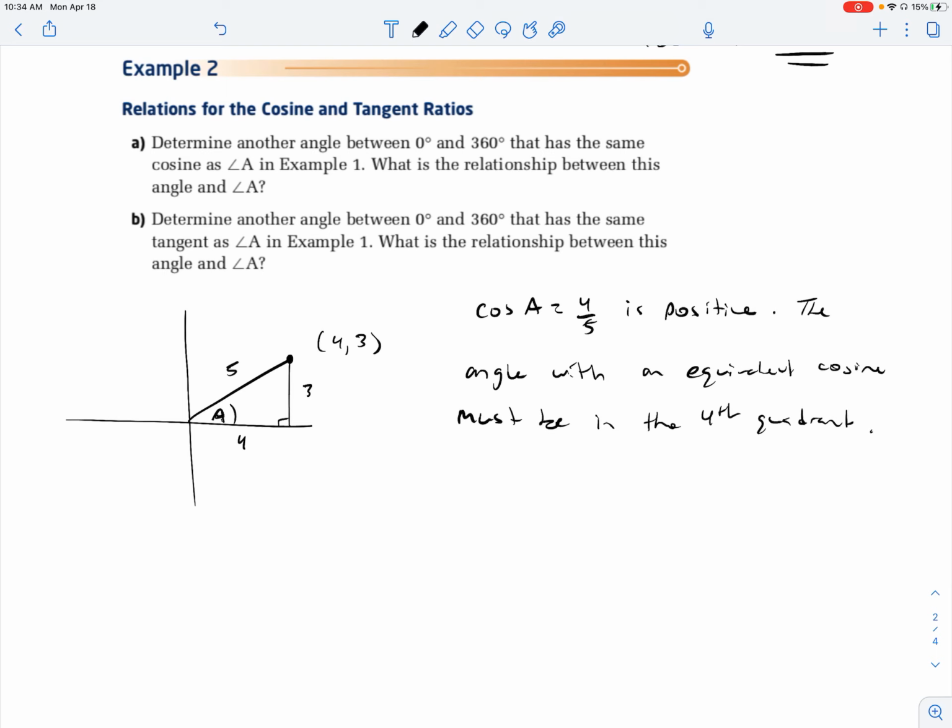That's the only other place where x is positive. So in order to have the same ratio, 4 over 5, it also needs to be the same triangle. It needs to be congruent, and it also needs to be somewhere down here.